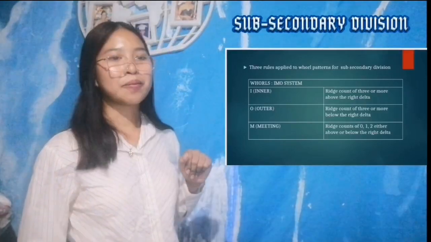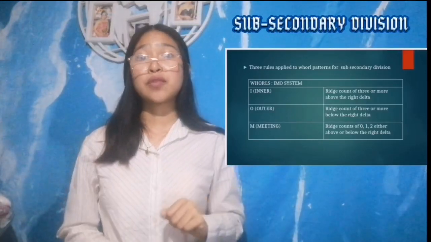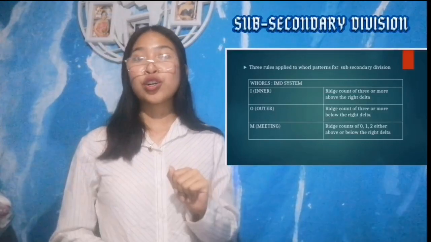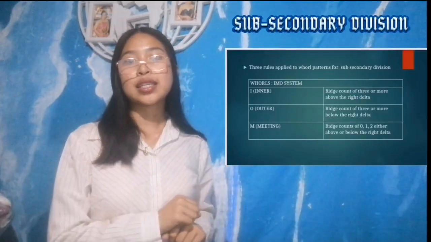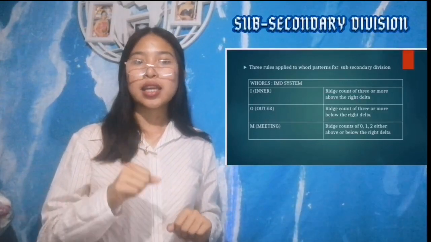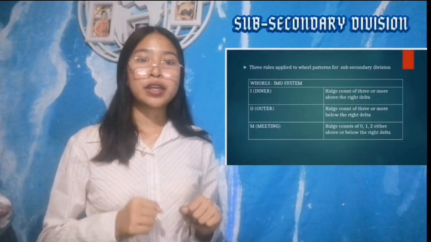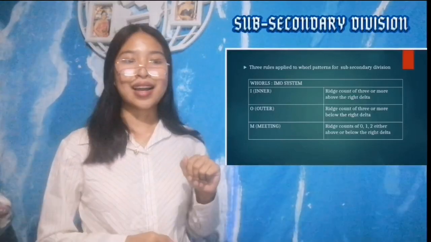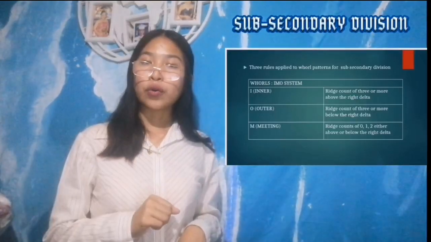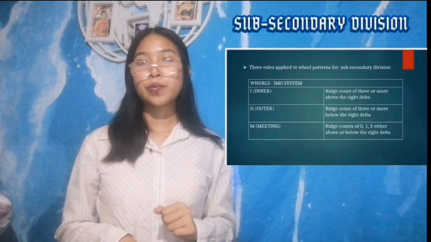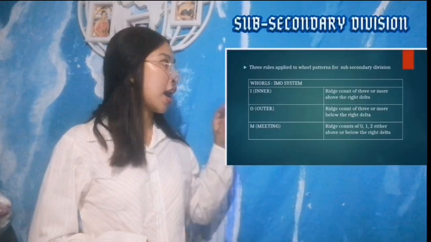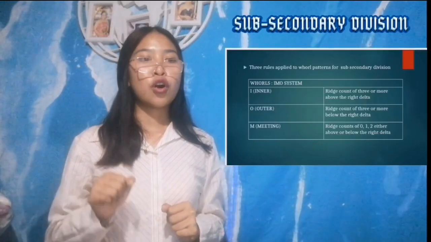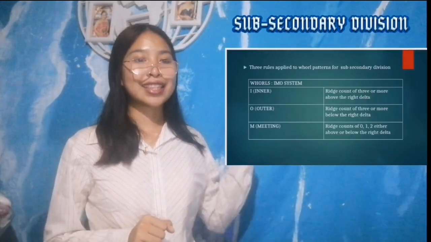Next, meeting has the symbol M. Meeting has 2 or fewer intervening ridges, inside or in front of, or outside below, the right delta. And the O is for outer. Outer has 3 or more ridges below or outside the right delta.